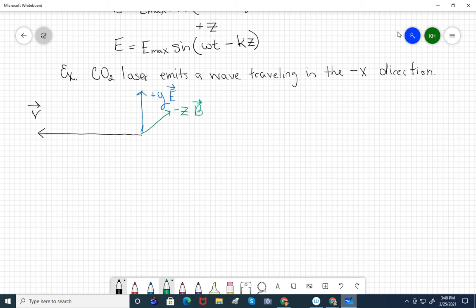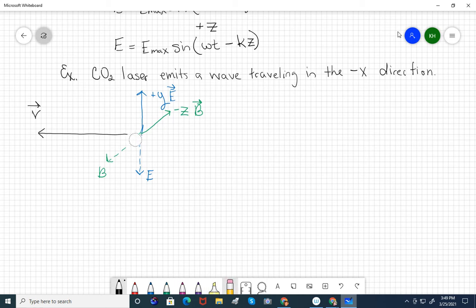Now, a few seconds later, when the electric field is pointing down, the magnetic field will be pointing in the positive Z direction. Again, if you check, you can see that if your thumb points to the right and your fingers are straight down, when you curl your fingers, B would come out of the board. Now, they didn't tell me that E was in that direction. I just wanted to practice that right-hand rule.